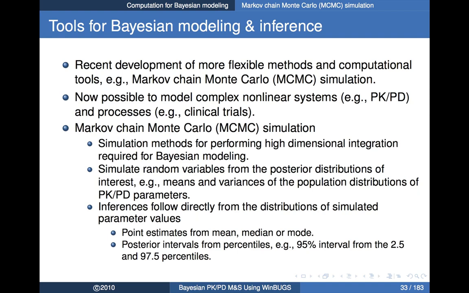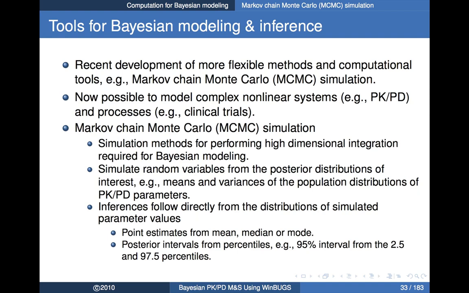Now, just briefly, a qualitative statement about what Markov chain Monte Carlo simulation is. We're talking about simulation methods for performing the high-dimensional integration that's required for Bayesian modeling. In other words, they allow us to simulate from high-dimensional probability distributions.